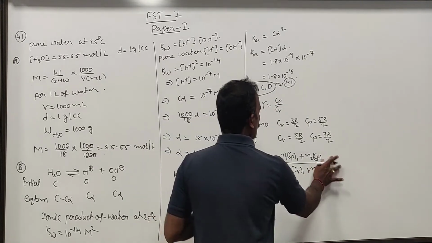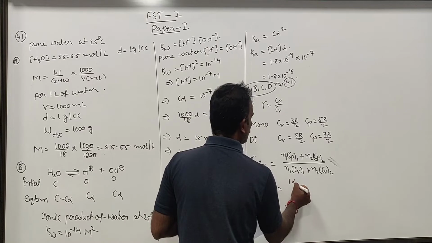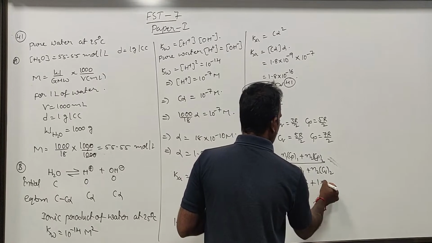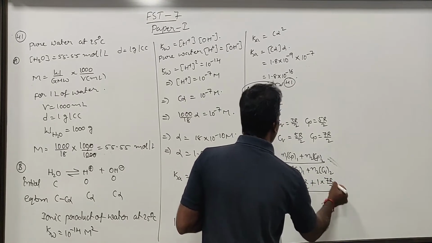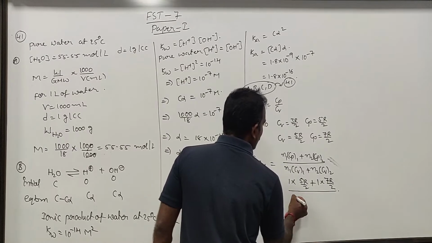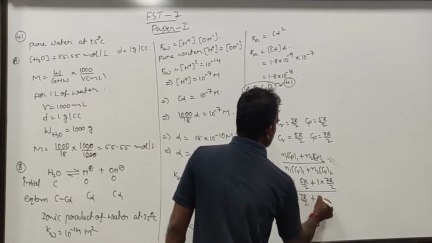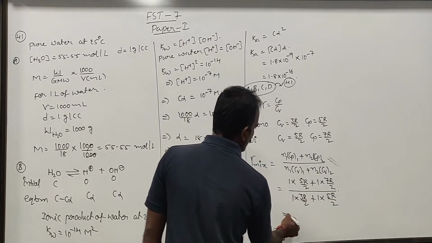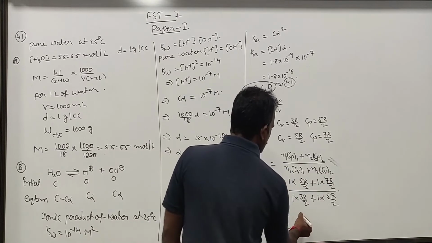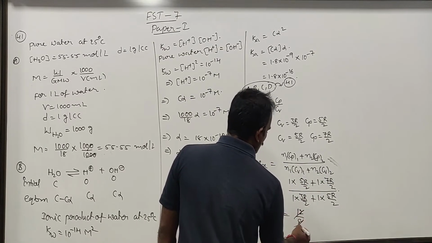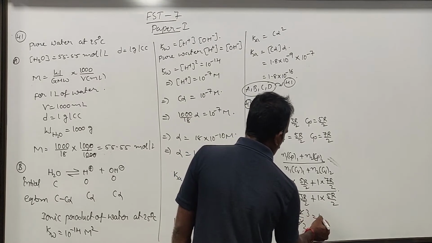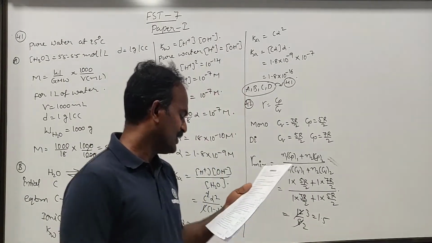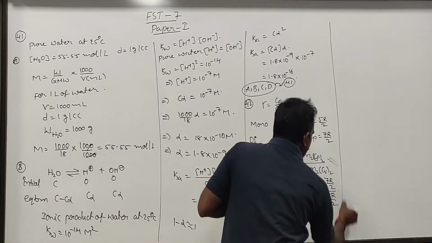That is equal to 1 into 5R by 2 plus 1 into 7R by 2 divided by 1 into 3R by 2 plus 1 into 5R divided by 2. Therefore R gets cancelled. Now it is going to be 5 plus 7, that is 12, 12 divided by 8, that is equal to 1.5. Such that gamma of a mixture is equal to 1.5. True. Next, option B.